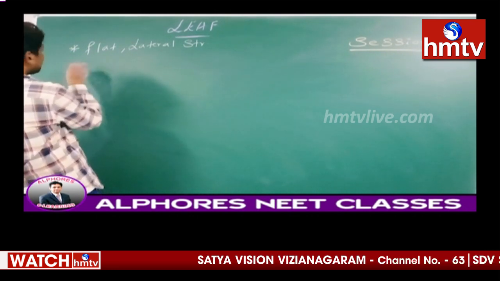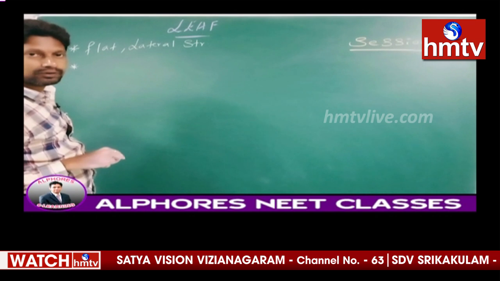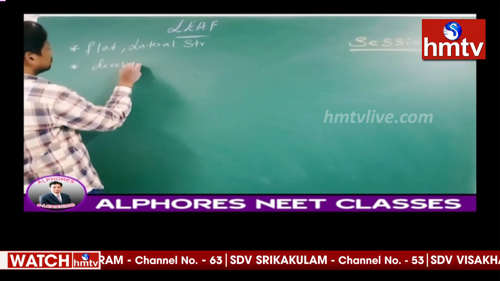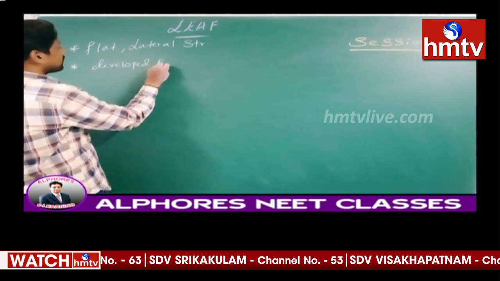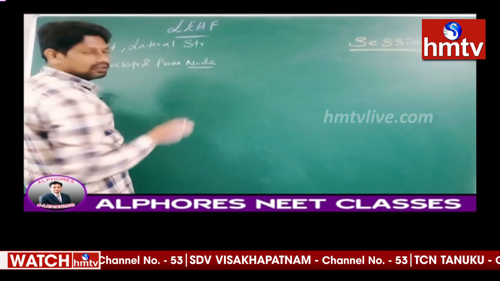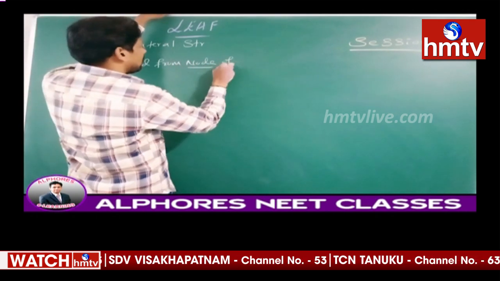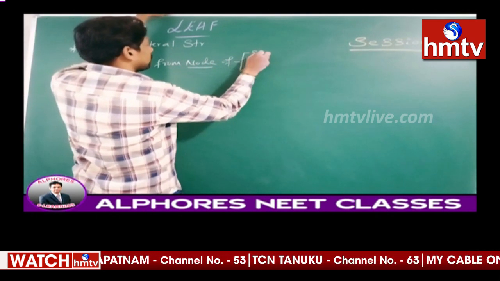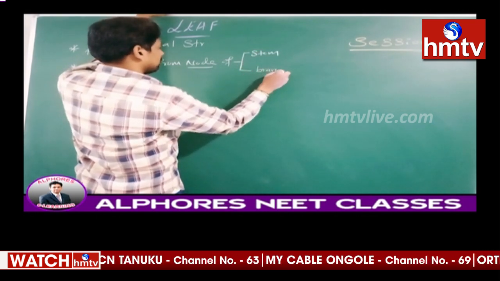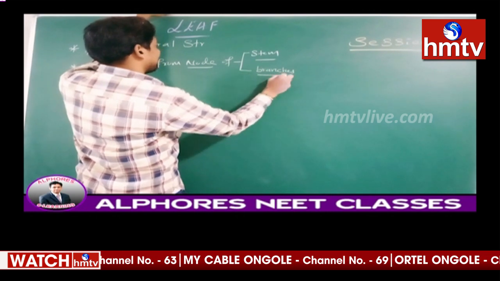They are developed from the node of the stem and the node of the branches. Developed from where? From the node. Node of what? Node of stem and node of branches.